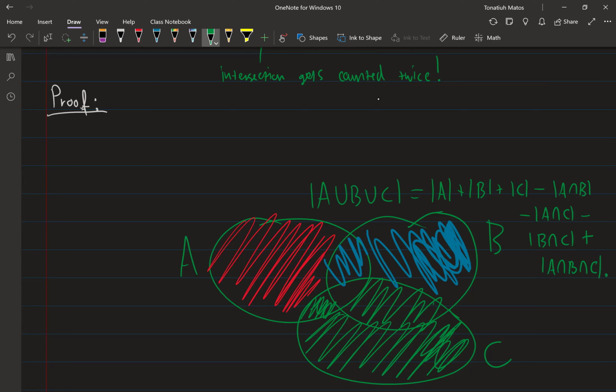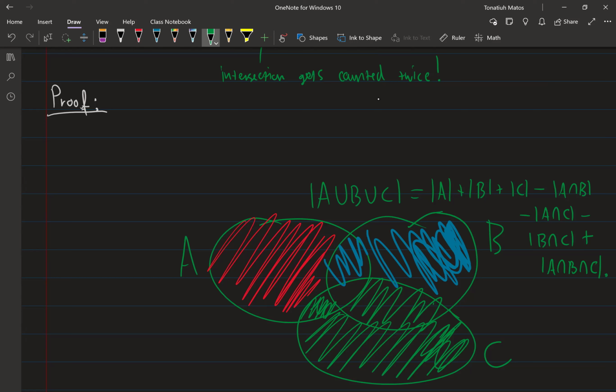If I have 10,000 sets and I want to compute the union, it becomes very messy very quickly. Because if you add a fourth set, then the intersection of any three sets gets added back according to this rule. But then the intersection of all four sets is counted multiple times. So I need to remove the intersection.